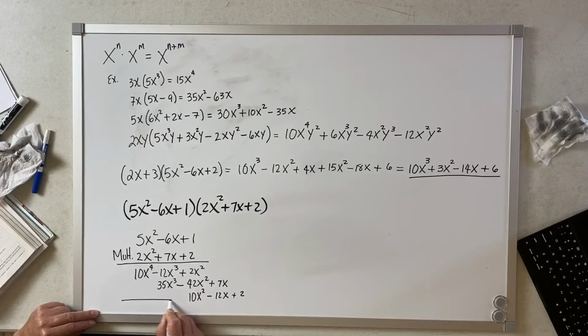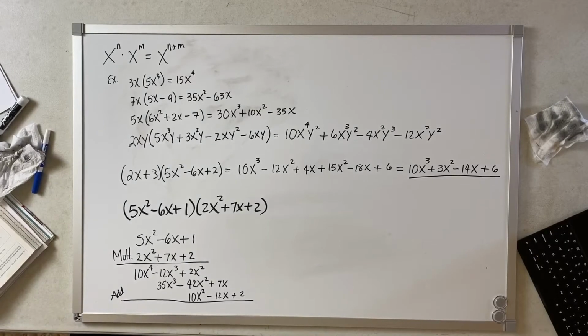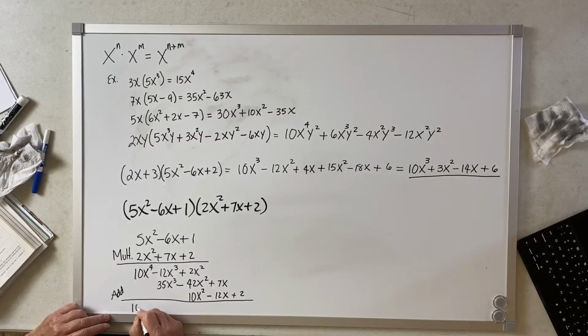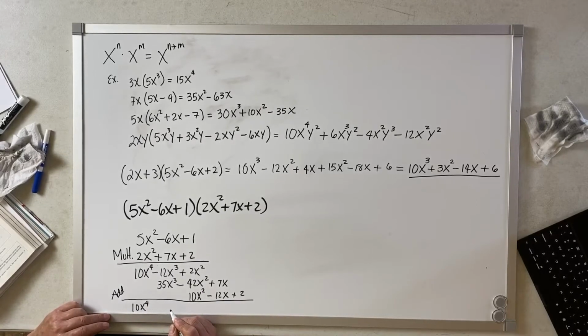Now I am adding. First one, add 10x to the fourth. Next, I'm adding plus 23x cubed.